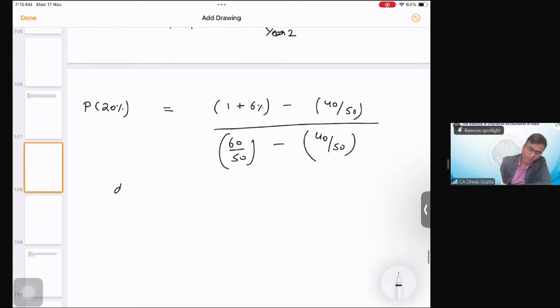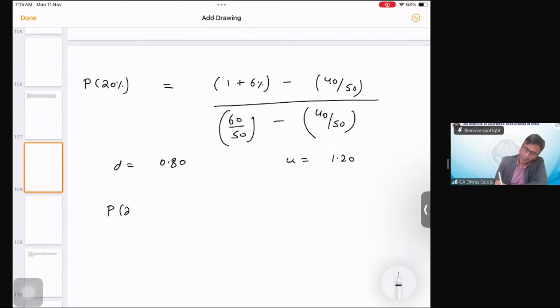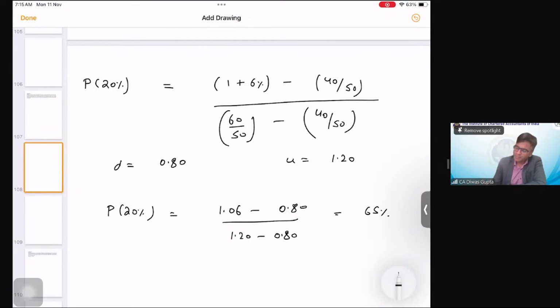So D will become 0.80 and U will become 1.20. Clear? So 20% added to 1 is 1.2, 20% reduced from 1 will be 0.8. Clear? So probability of prices going up will be 1.06 minus 0.80 divided by 1.20 minus 0.80, which is actually 65%.